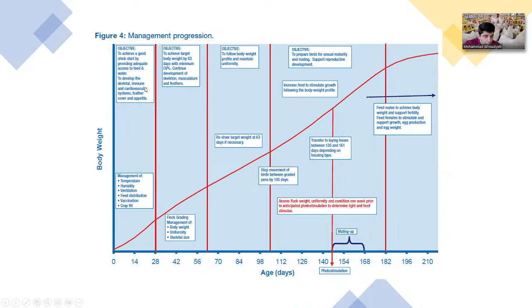it is one of the most important managerial tips in broiler breeders, especially during the rearing phase, because during the rearing phase, if your birds do not have enough feather cover, their energy maintenance cost will be high.